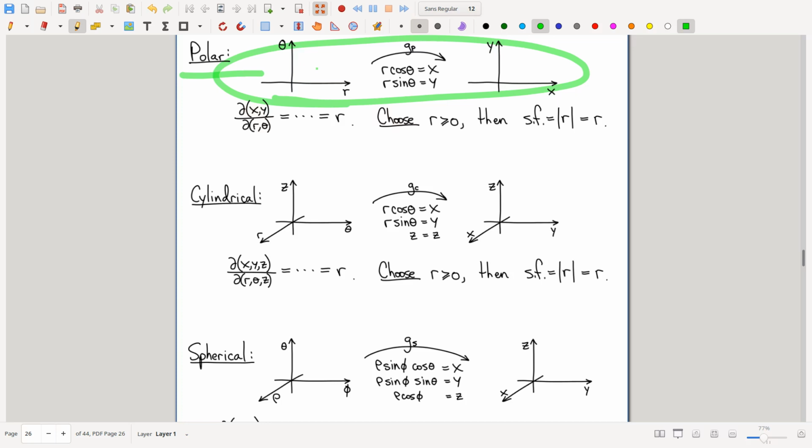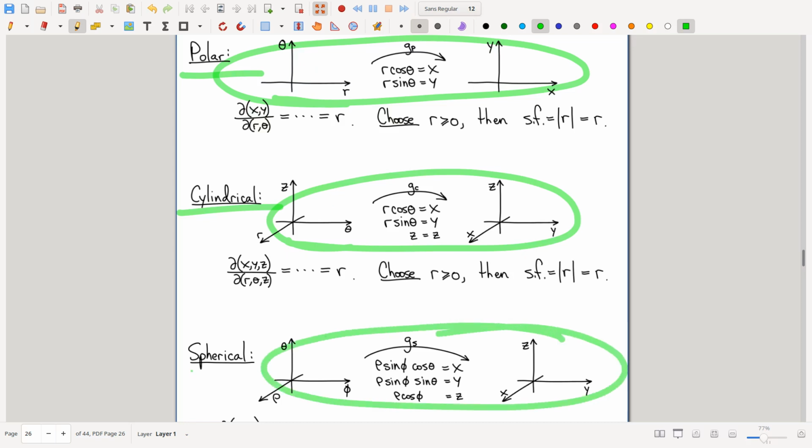Students like to think of this as a geometry thing in the xy plane, and sure, fine. But I like to think of it as a function, so that when we get to this point in the course, I can say this function is a change of variables function. Likewise, cylindrical coordinates are a change of variables function in 3 dimensions, and spherical coordinates are too.